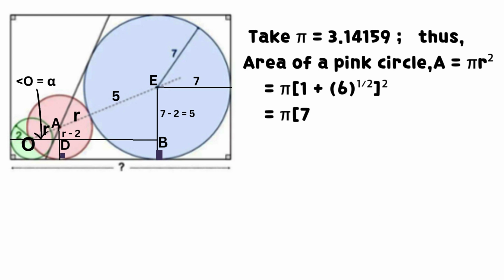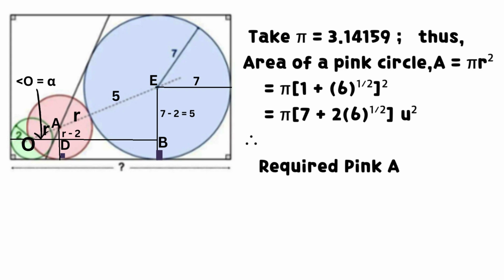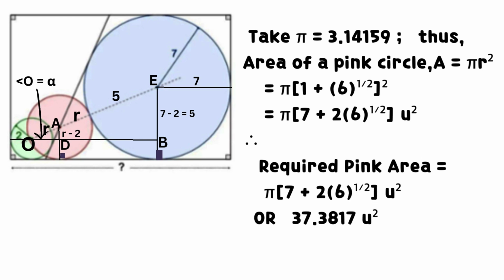Thus, the area of the pink circle A equals pi times r squared, which equals pi times (7 plus 2 times the square root of 6) in square units. Therefore, the required pink area equals pi times (7 plus 2 times the square root of 6) in square units, or 37.3817 square units to 4 decimal places.